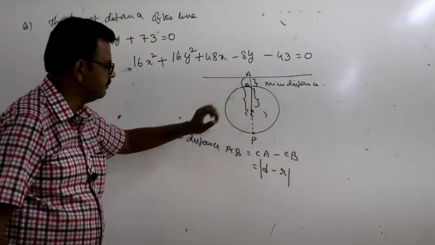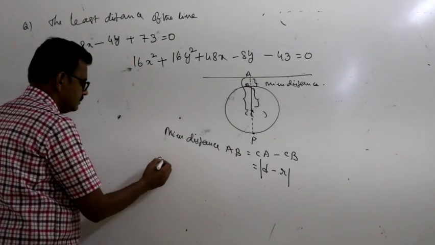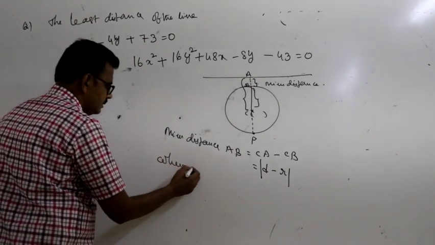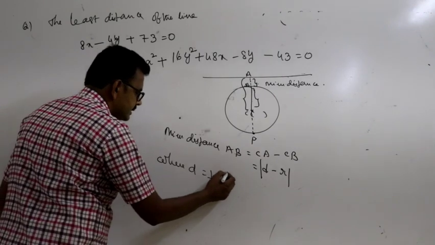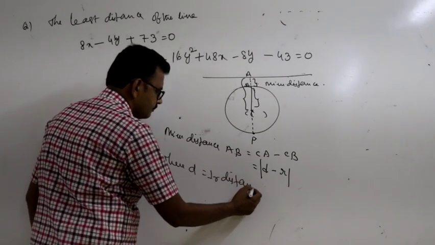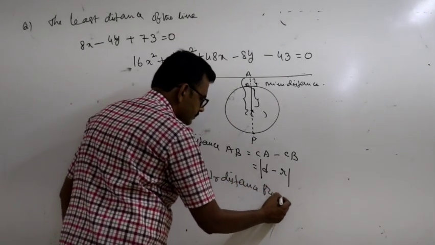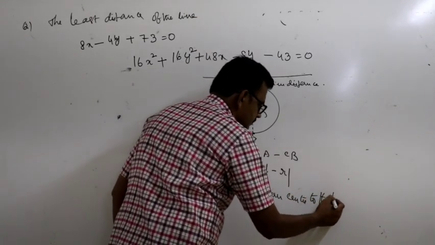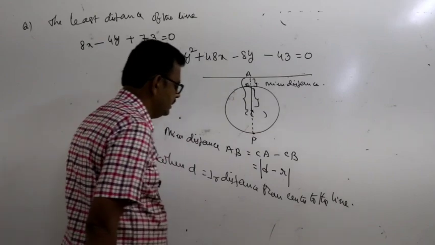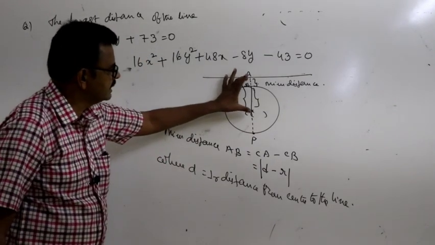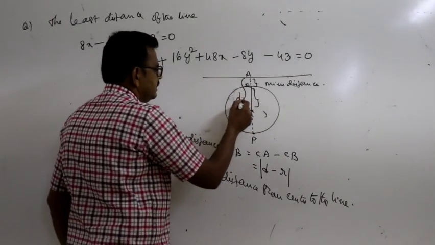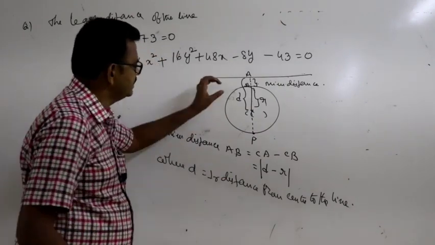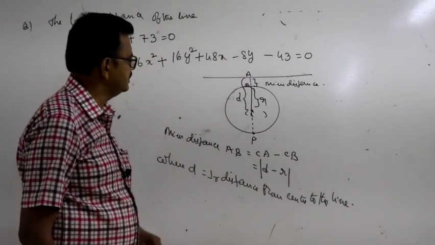CA distance is D minus R, where D equals the perpendicular distance from the center to the line. So this distance is D. This is R. Minimum distance is AB.